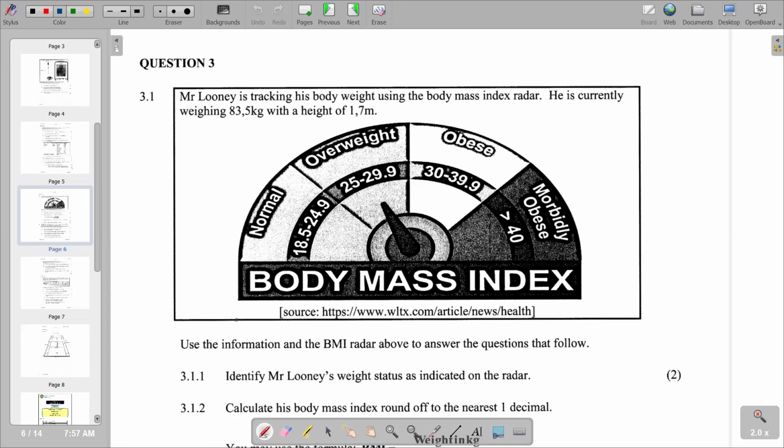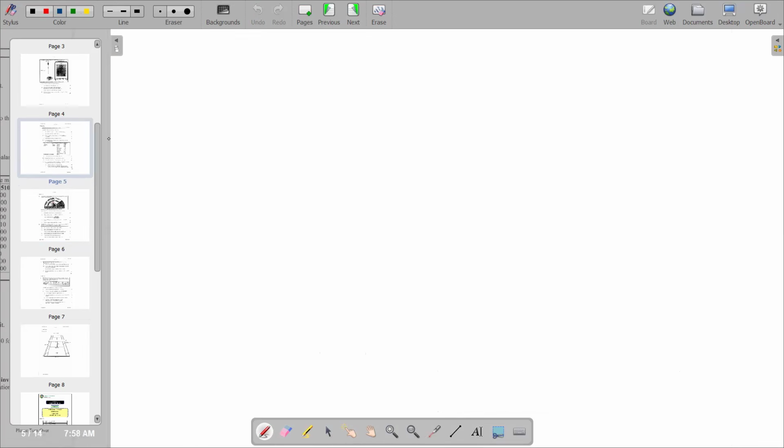And then beneath that, it reads, use the information in the BMI radar above to answer the questions that follow. First question, identify Mr. Looney's weight status as indicated on the radar. So we have got the pointer, which is pointing to overweight. So obviously 3.1.1, we are saying overweight.